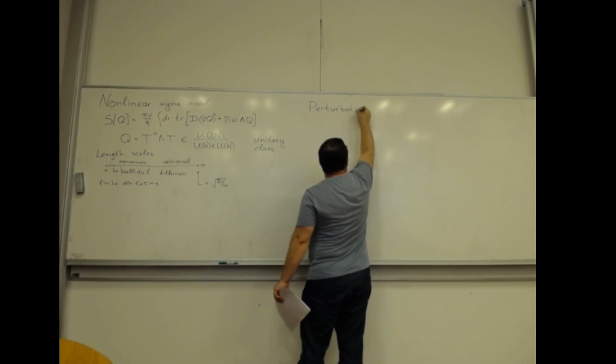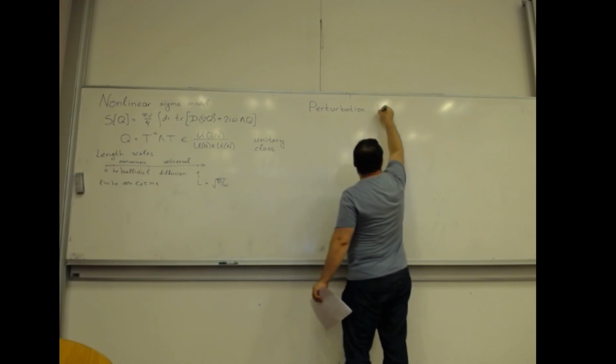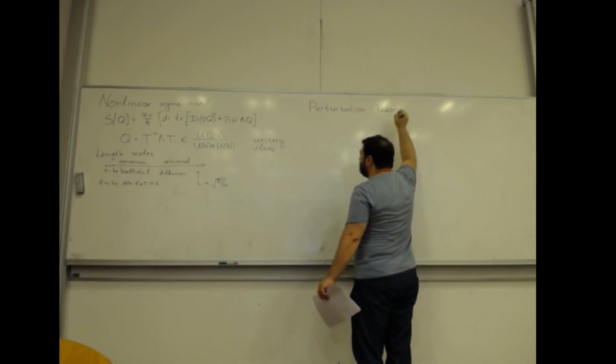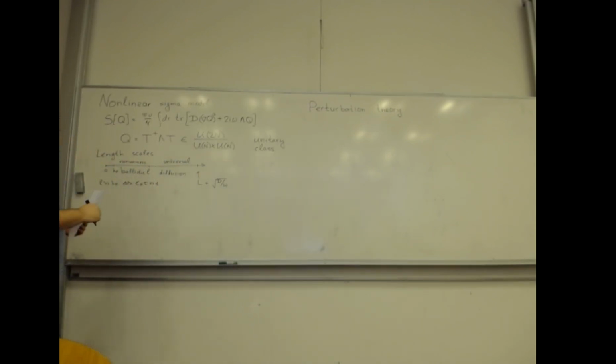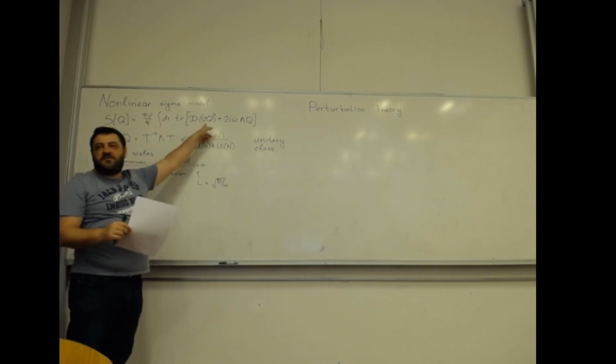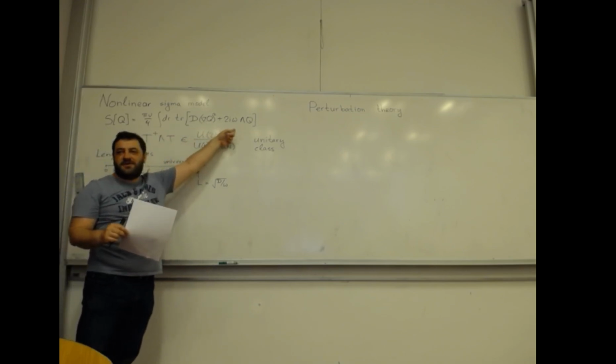You said it was omega. Yeah, but omega is not a parameter. Actually, the parameter for perturbation theory, we will see later how it appears in the computation, but I can tell you already now, is the coefficient in front of the gradient term, not the omega.